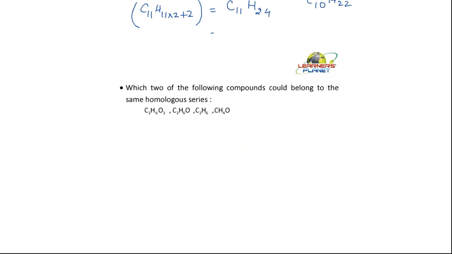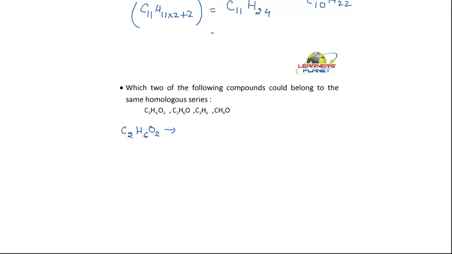Which two of the following compounds could belong to the same homologous series? Let's first crack down what the compounds are. C2H6O2. How many oxygen atoms are here? There are two oxygen atoms. It means in which type of compounds are two oxygen atoms there?